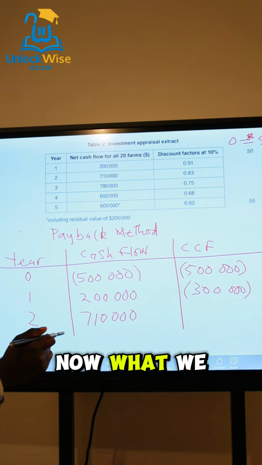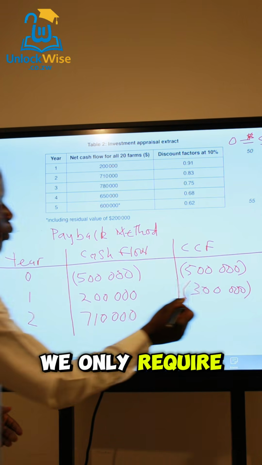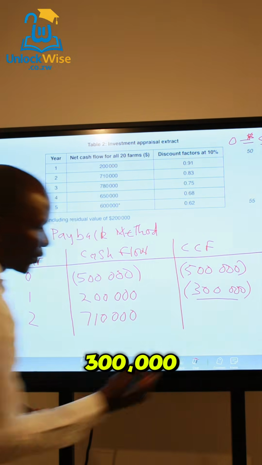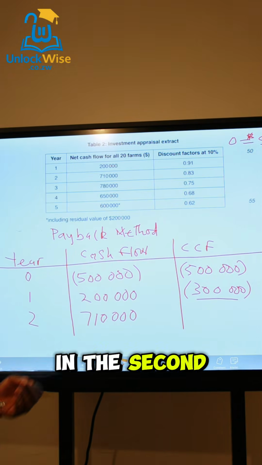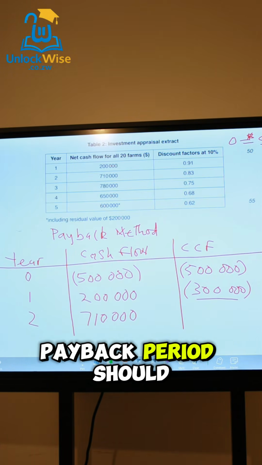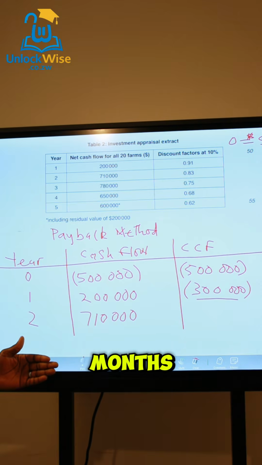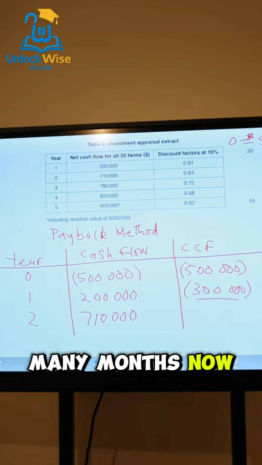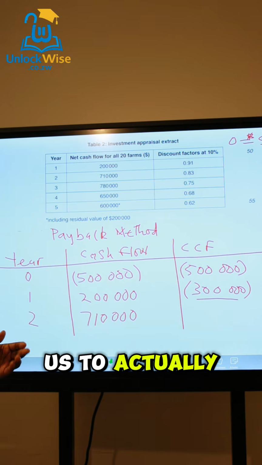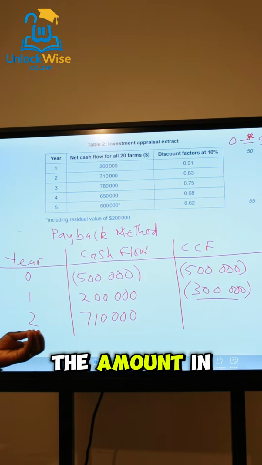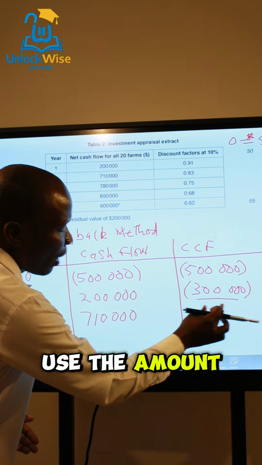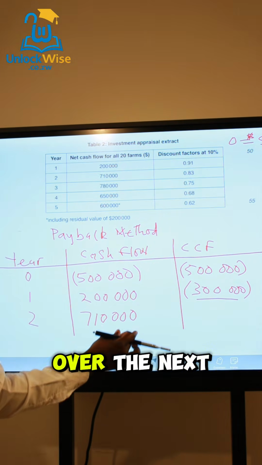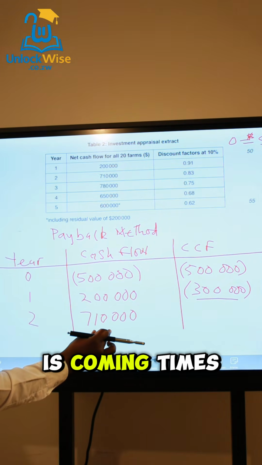Now what we need to know is that we only require 300,000, but the project is bringing 710,000 in the second year, which means our payback period should be in year one and some months. So we have to calculate how many months it is going to take to recoup the amount in the second year. We simply use the amount that we want, which is 300,000, over the next cash flow that is coming, times 12.